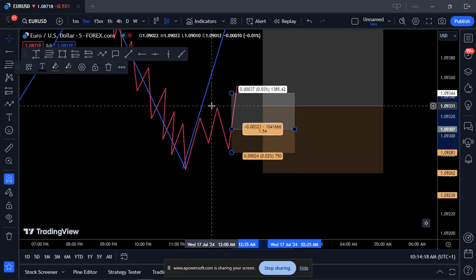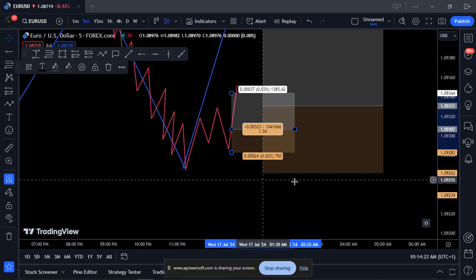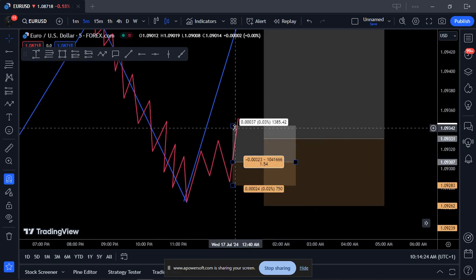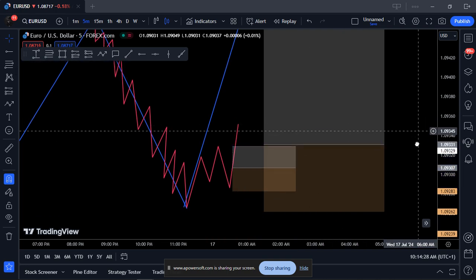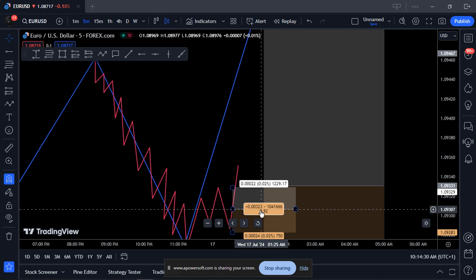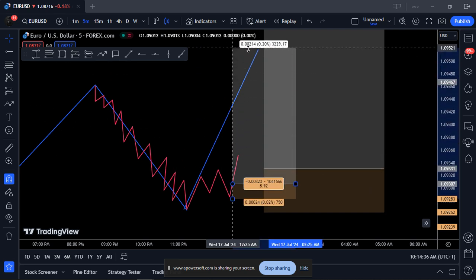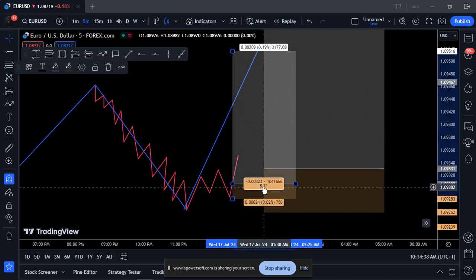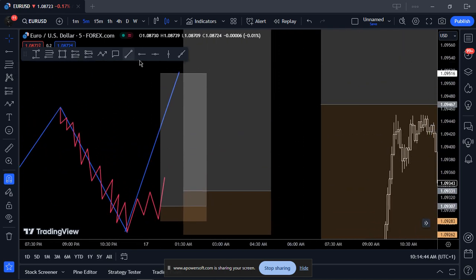Instead of waiting for price to get here before you enter, the 15 minutes tells you it's coming. Then price gets to this place, you have a complete 15 minutes inducement entry. By then you already have a 1 to 1. Then price gets to this place. By then you already have a 1 to 8.71, and that's where the 1 day people are entering.